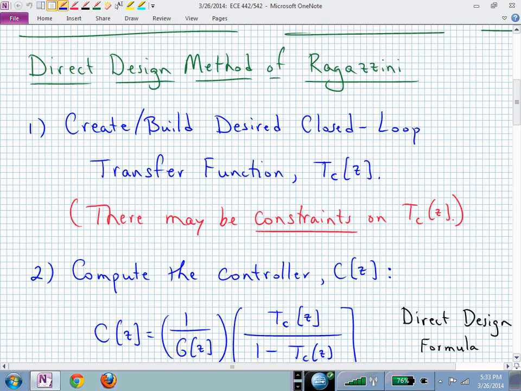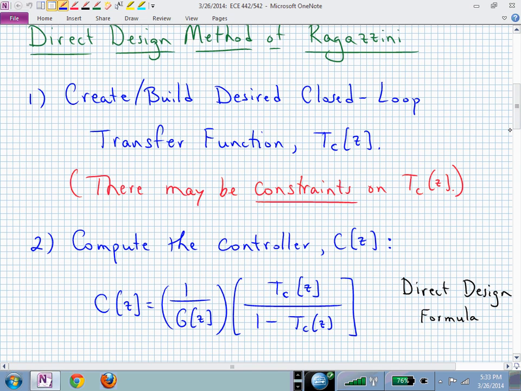Here's the design method of Ragazzini in a very quick description. First, the first step, so I'm saying there are 2 steps. The first step is to build or create a desired transfer function. And you know how to do that based on transient specs, steady state accuracy specs.